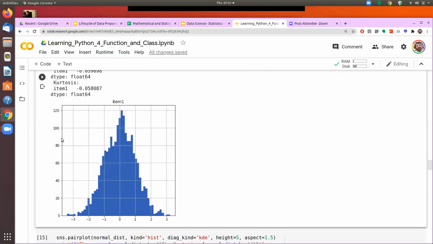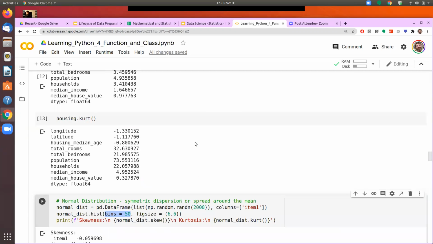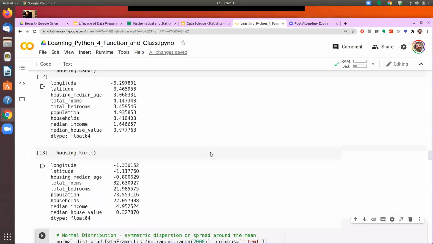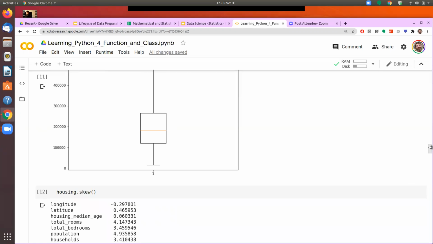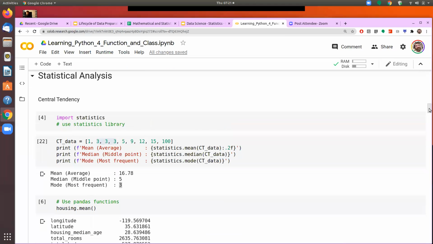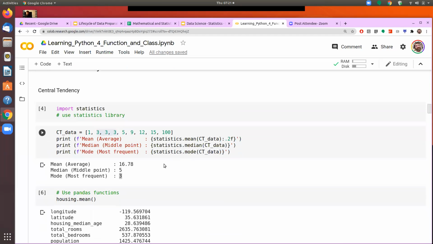And whatever we have on the y-axis depicts how many data elements are in that bin. So here the data could be maybe 1.2 to 1.3, and that has a count of around 90. That is how you read the histogram. So the mode, as we can see, is the tallest bar in the histogram. So that's very easy to understand.